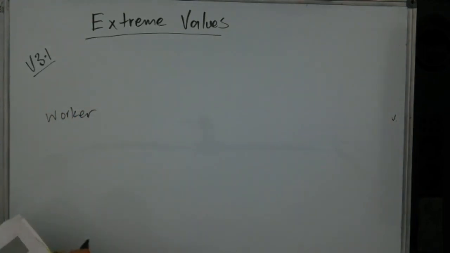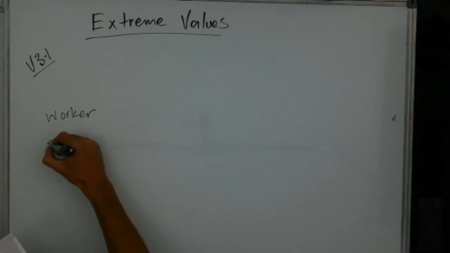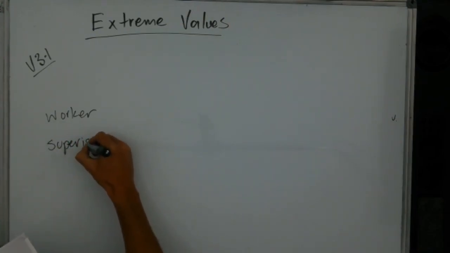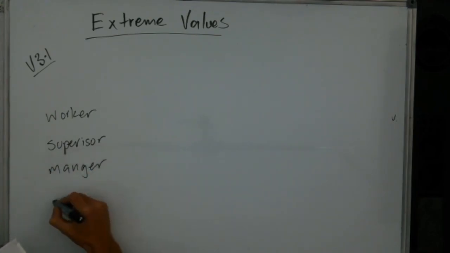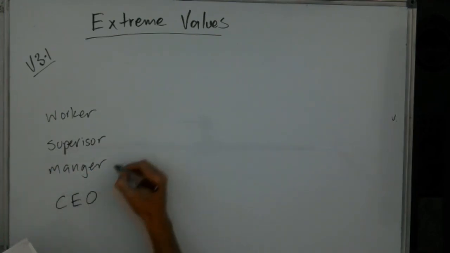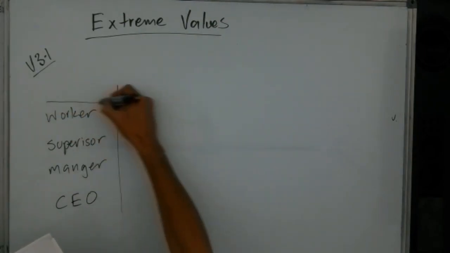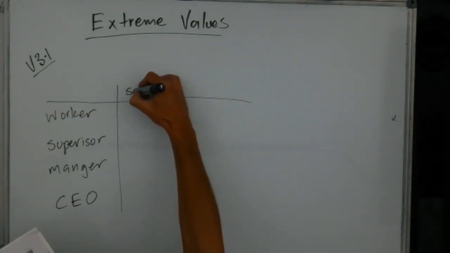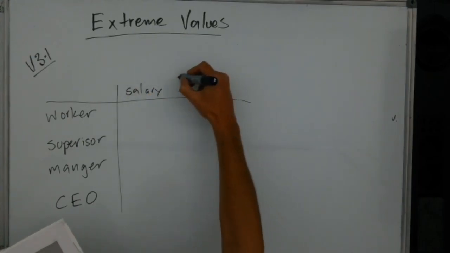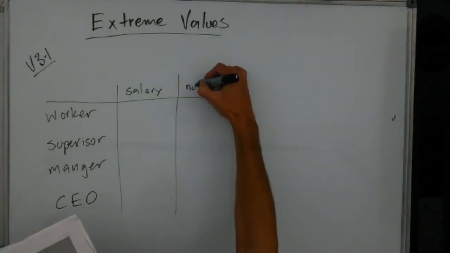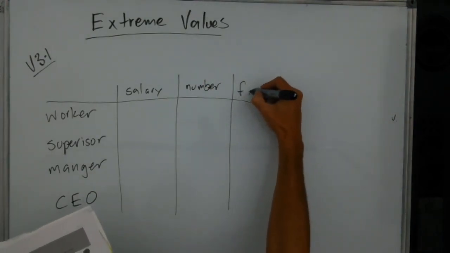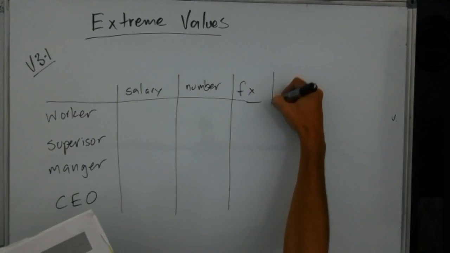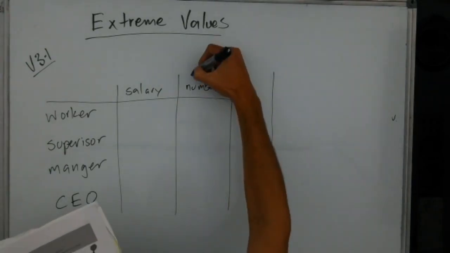So this revolves around the salaries of different people working in a factory. Supervisor, manager, CEO, so that's the guy who owns the company. Salary, number, F times. So that's like frequency.